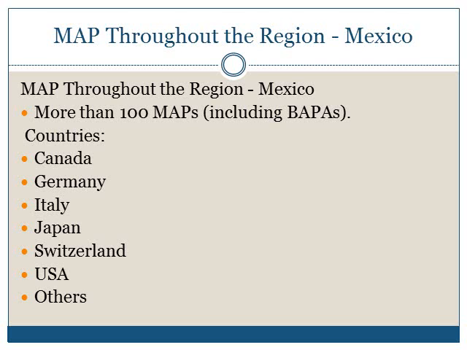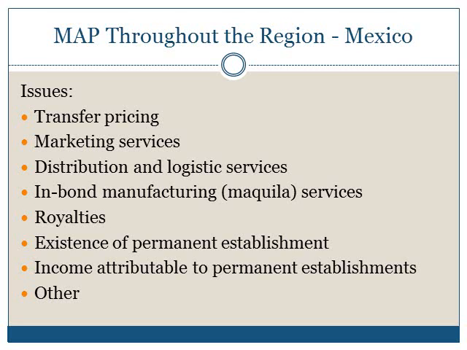Additionally, the main countries which have been involved with Mexico in MAP and BAPA cases are Canada, Germany, Italy, Japan, and Switzerland. The transactions that have been detected as regularly involved in mutual agreement procedures carried out by Mexico are transfer pricing transactions, marketing services, distribution and logistics services, inbound manufacturing services, royalties, existence of permanent establishment, and income attributable to permanent establishments.